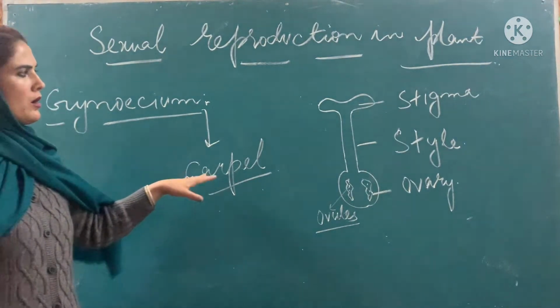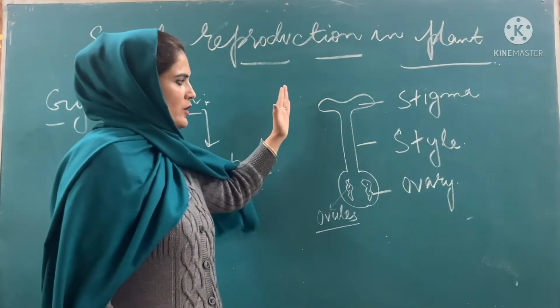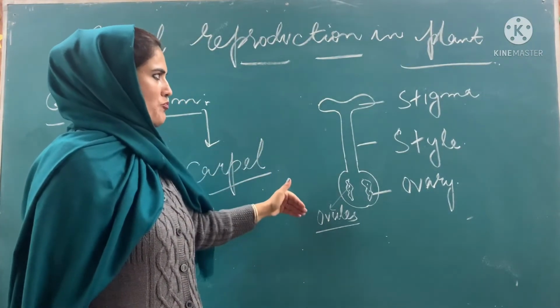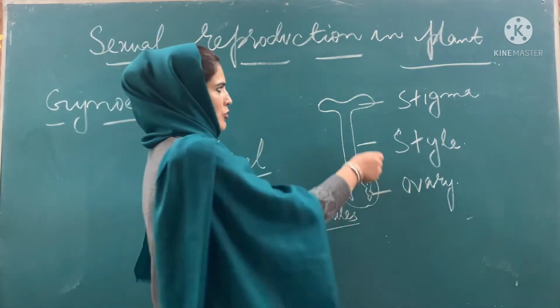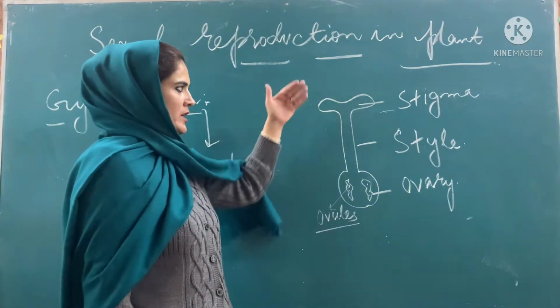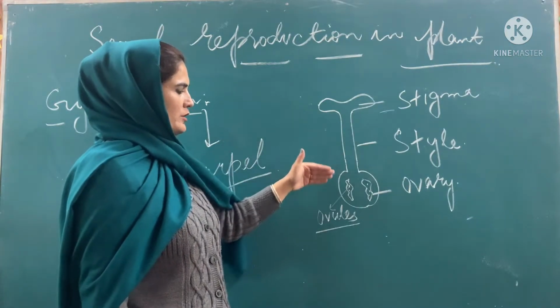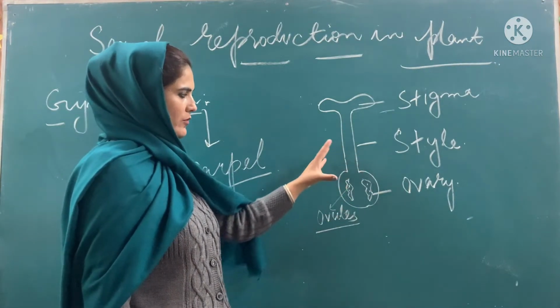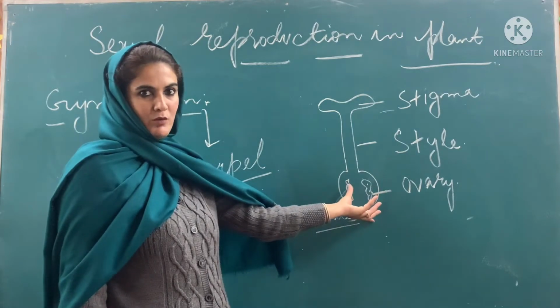Gynoecium is divided into three parts. You can see the first part is the stigma. The second part is the style, and the third part is the ovary, which is a round swollen base at the bottom.